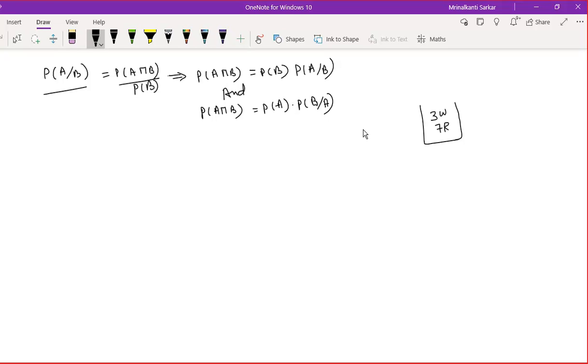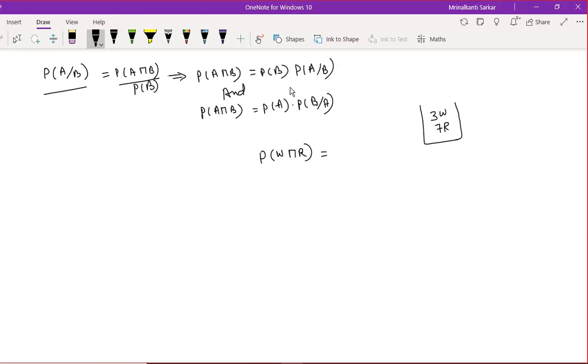I am taking 2 balls from there one by one without replacement. What do you mean? We have taken one from there, we keep it in our pocket and then we make the next draw. So if we take the white ball and then the red ball, this is the joint occurrence of two events, P(W intersection R).